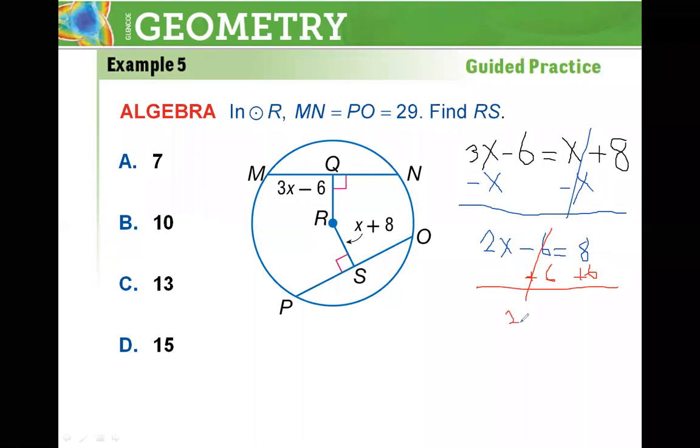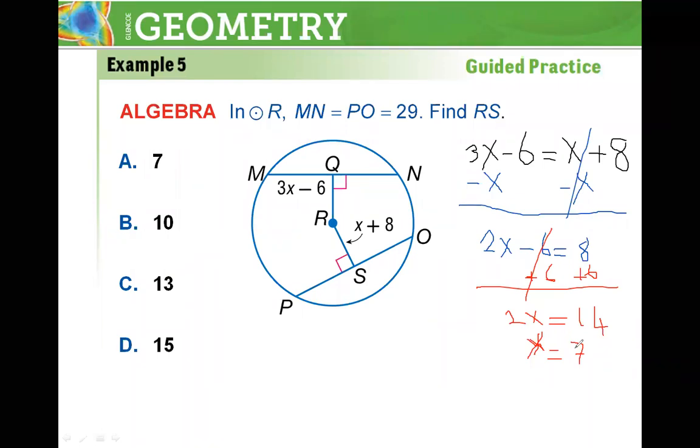So 2x equals 8 plus 6, which is 14. So the value of x will be 14 divided by 2, which equals 7.